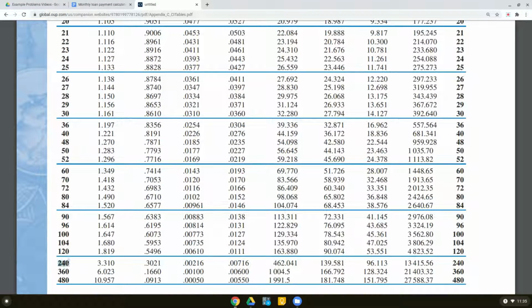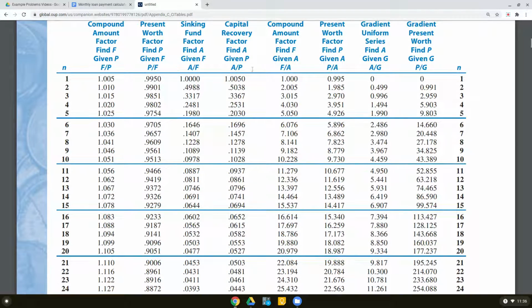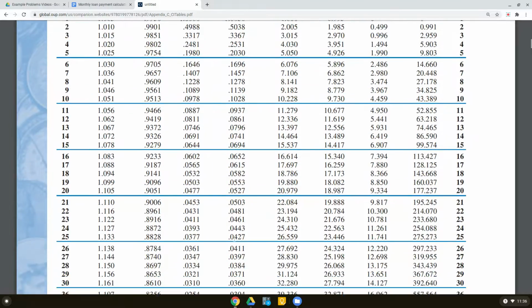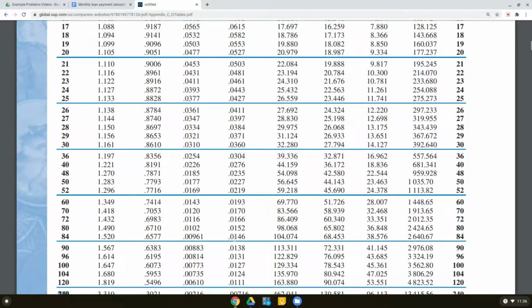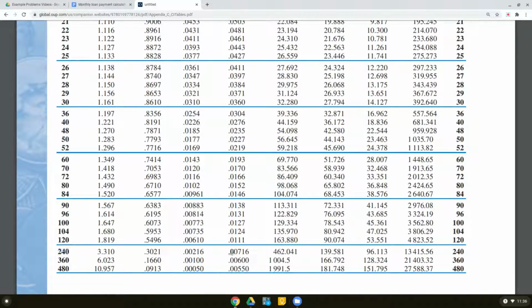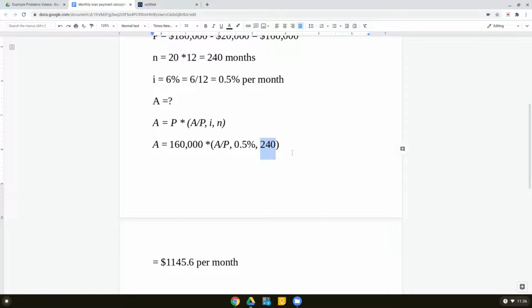So here we have 240 months, and A given P is the fourth column. Let's take a look. Fourth column, so this is the number 0.00716. That is the factor A given P. So let me write that down.